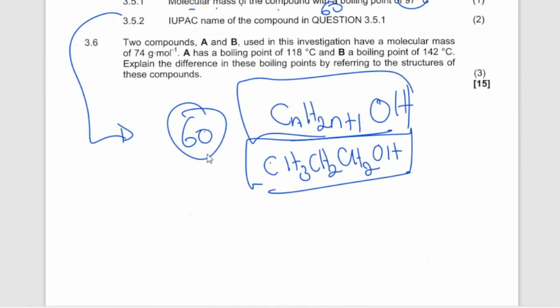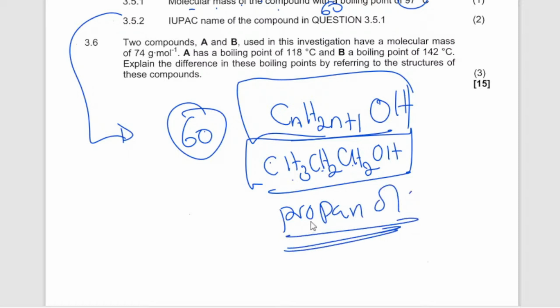So the answer in this case, they say IUPAC name, so counting 1, 2, 3, it's going to be propanol. That's what they want. Propanol. Maybe they will give a mark for that, and also a mark for the main chain. So guys, that's how you're supposed to answer that question.